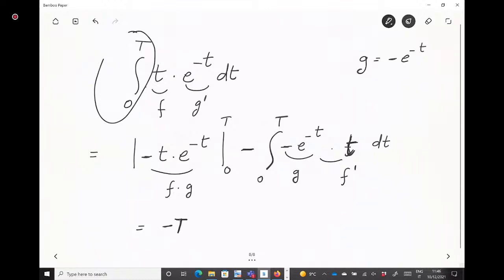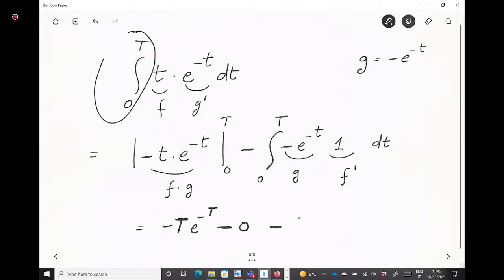minus t exponential of minus t, okay, which is this here, minus this evaluated at 0, which is 0, okay, minus, what is the integral of exponential minus t, sorry, no, f prime is 1, of course, because otherwise we don't solve anything, f prime is 1.